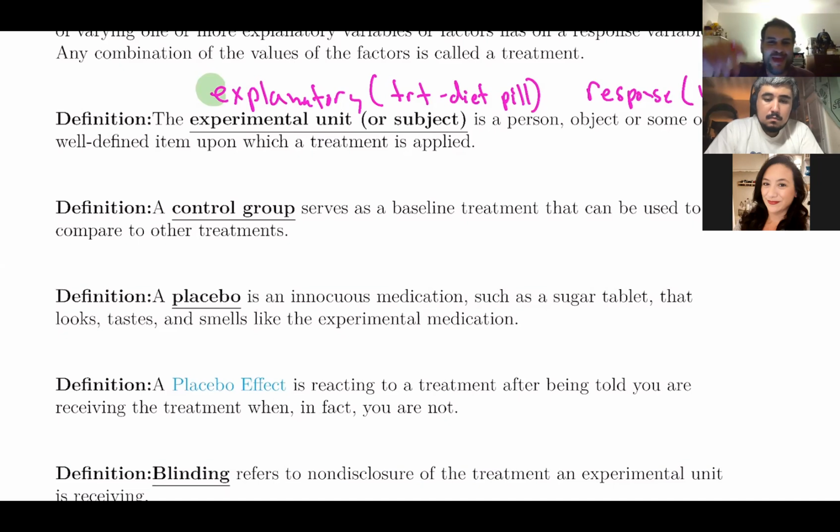All right. So in order for us to have the two groups, we should have something called blinding. Blinding is pretty much where either the people taking the medicine or receiving the treatment don't know if they're getting the actual treatment or the placebo.